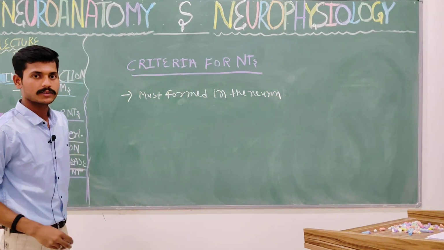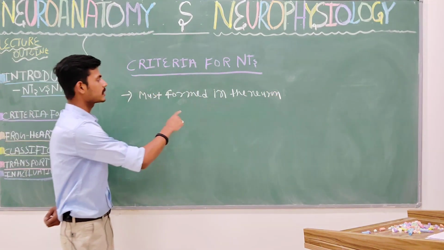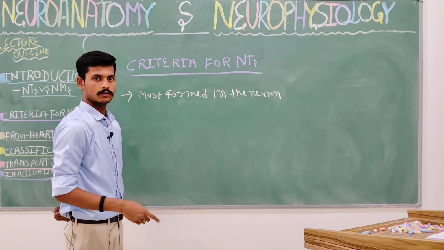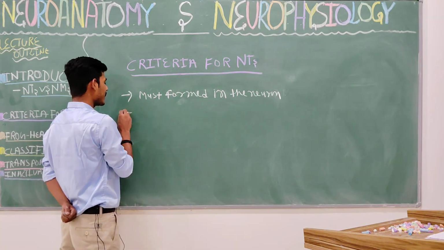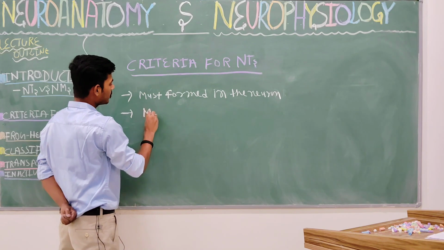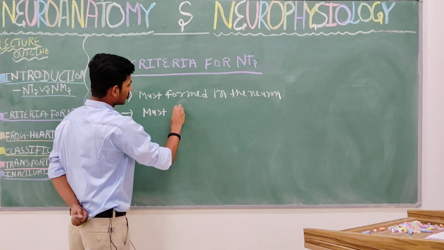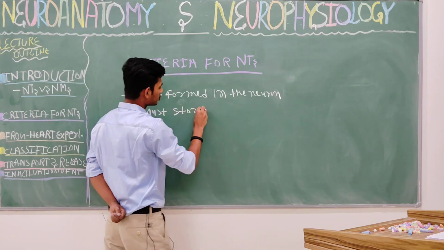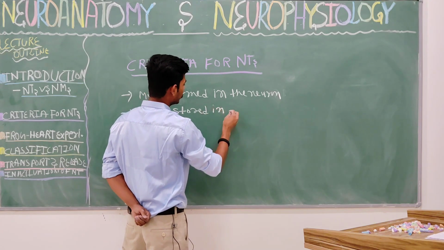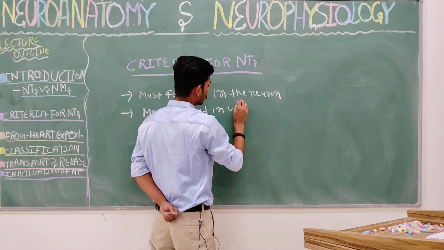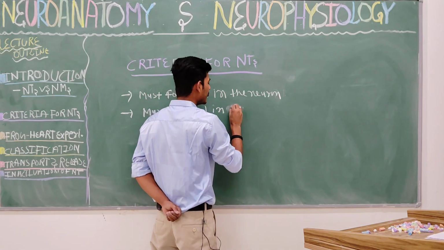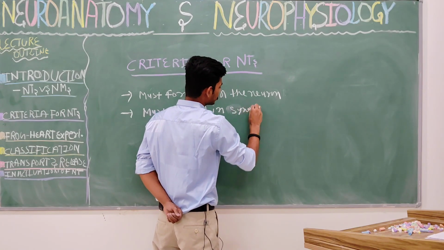Are you getting my points? The first criterion is they must be formed in the neuron. The second criterion is they must be stored in vesicles, or more specifically the synaptic vesicles.